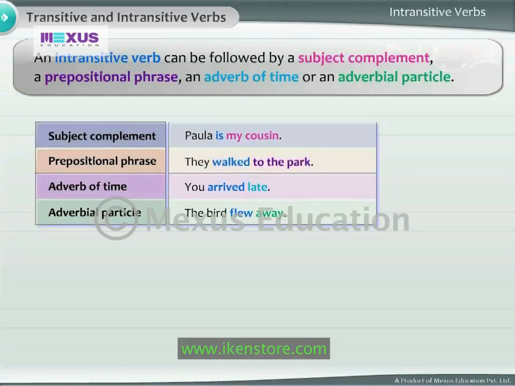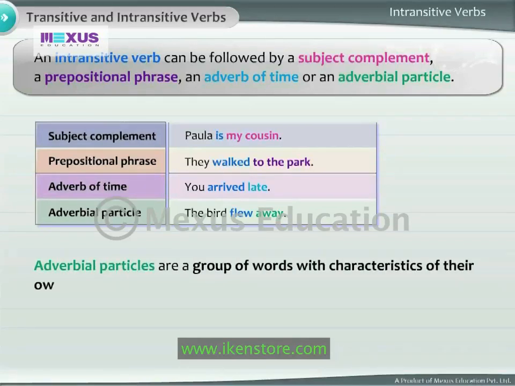You arrived late. The verb arrived is followed by the adverb late indicating time. The bird flew away. Away is an adverbial particle. Adverbial particles are a group of words with characteristics of their own. Up, down, in, out, on, off, away, back.